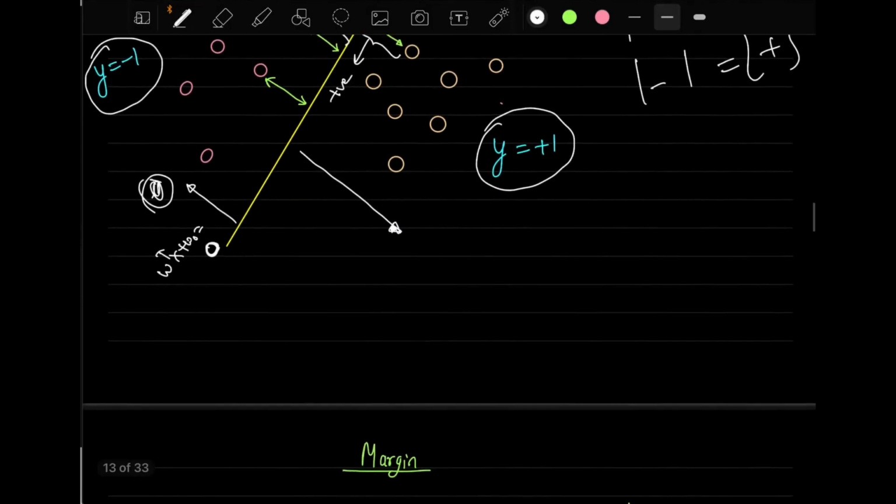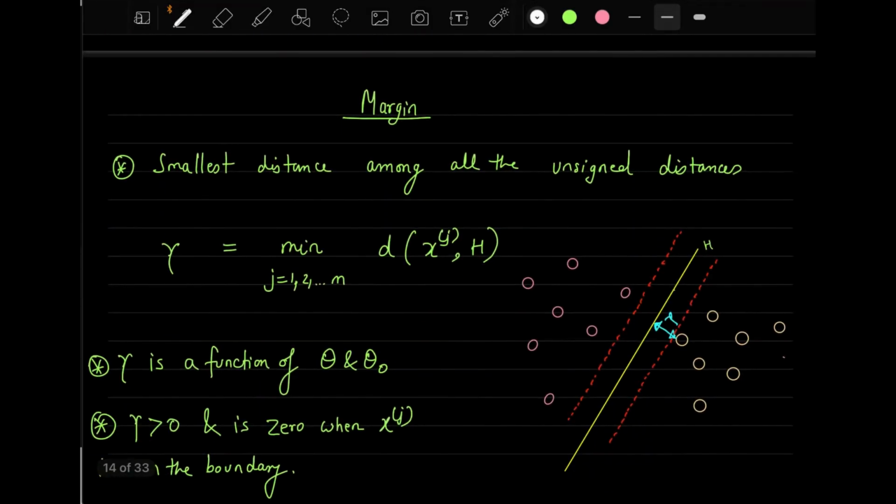If that is the thing, then how do we define margin? We define margin as the minimum value of this unsigned distance, where j is running over the samples from 1 to m. We are denoting m as the total number of samples in the data set.